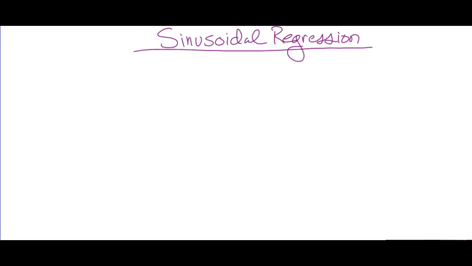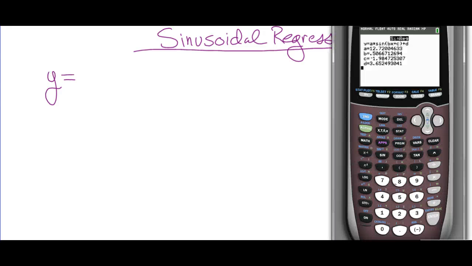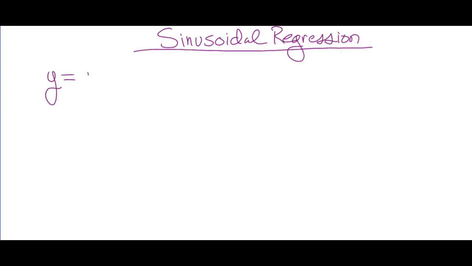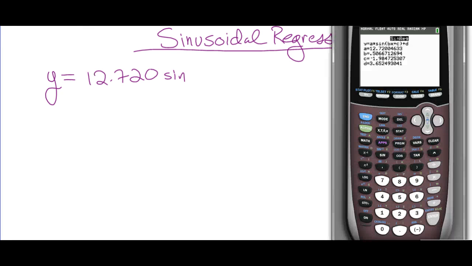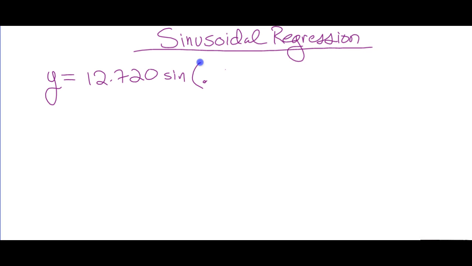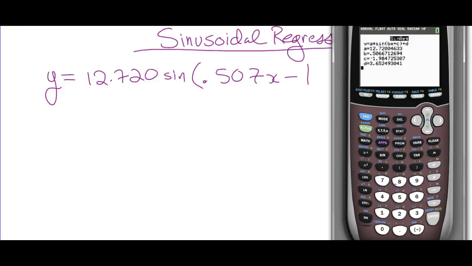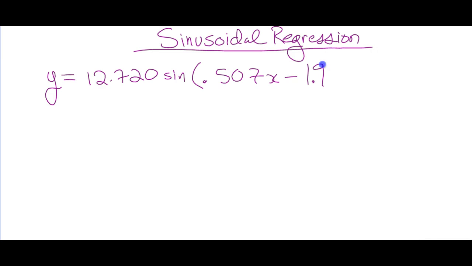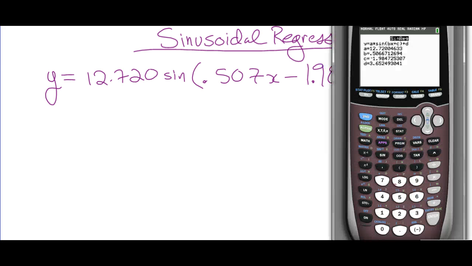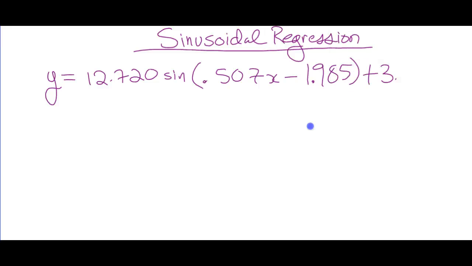Okay, so let's go to here where we can actually write this out. So y is equal to 12.720 sine 0.507x minus 1.985 plus 3.652.